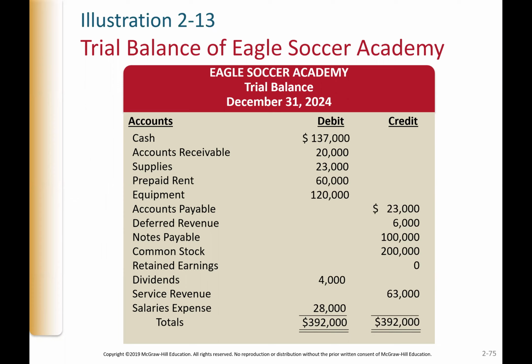Then our liabilities are accounts payable, deferred revenue, and notes payable. All are going to have a credit balance. Our common stock is going to have a credit balance. Our dividends, we know will always have a debit balance. Revenues have a credit balance and expenses will have a debit balance. Do our debits equal our credits? Yes, they have to. If they don't, we've done something wrong.